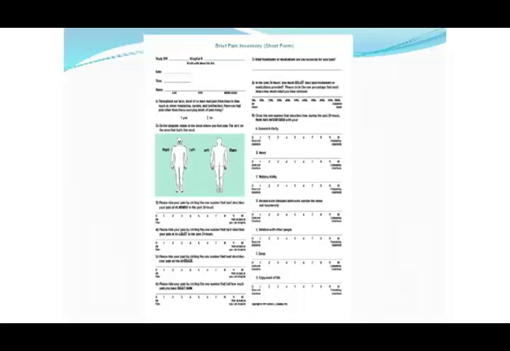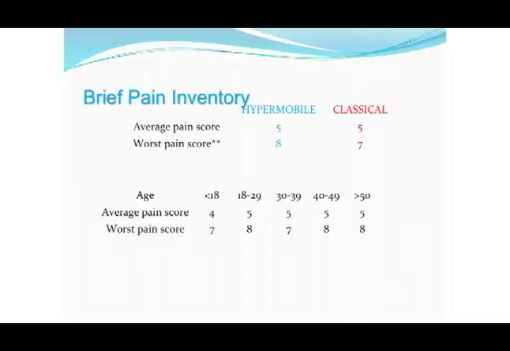On average, our patients tell us that they're living with a pain score around 5, and that their worst pain is typically between 7 and 8 on a scale of 1 to 10.